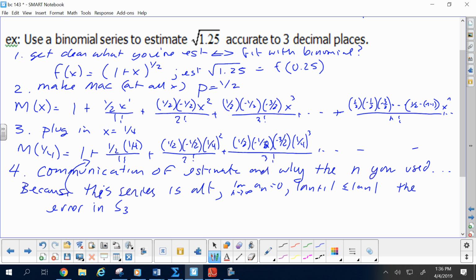So here, S minus S3 is less than or equal to A4, which is 0.00097 or something like that. Is that right? Yeah. Which is less than 1,000.